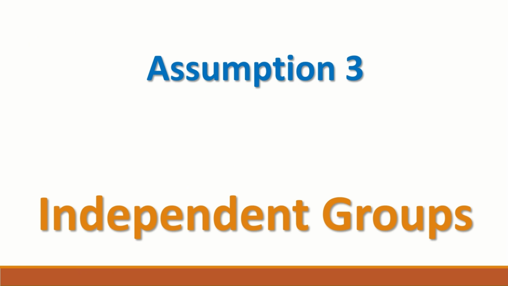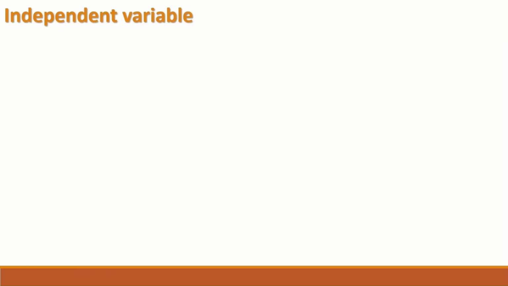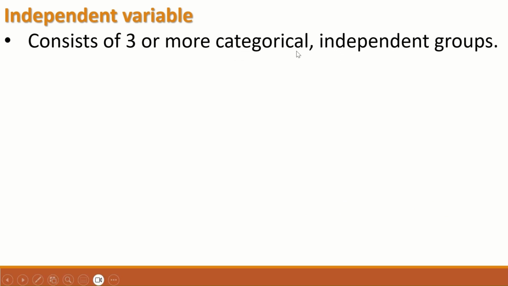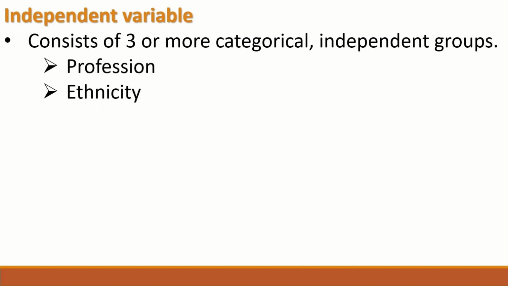The third assumption for the Kruskal-Wallis test is independent groups. So the independent variable should consist of 3 or more categorical, unmatched, unpaired, independent groups. An example is profession, in which the data can be sorted into groups such as doctors, dentists, scientists, pharmacists, and so on.